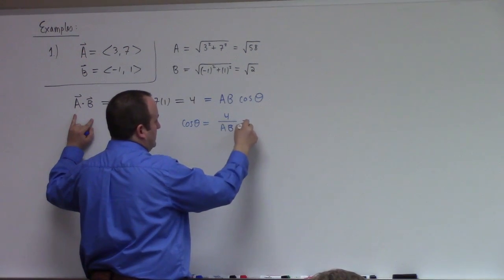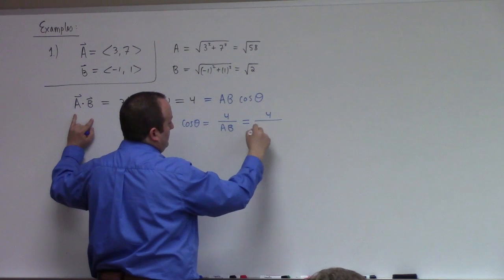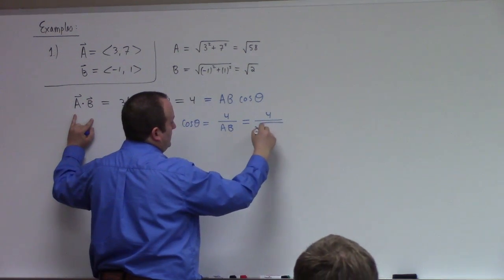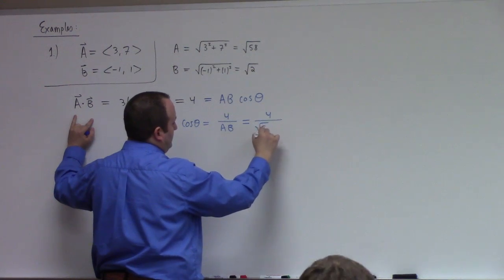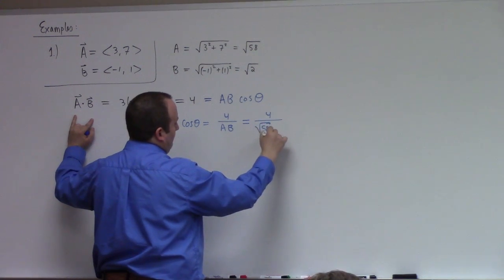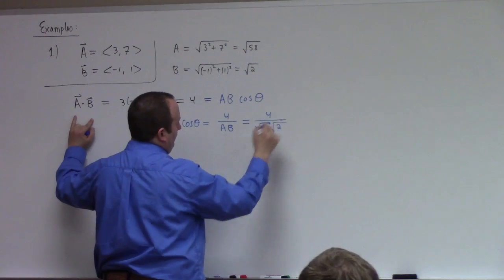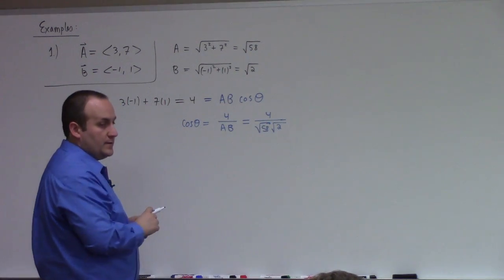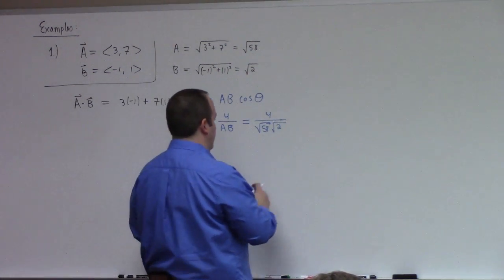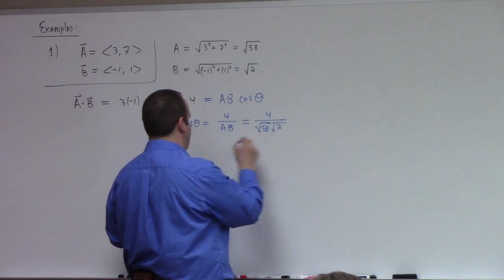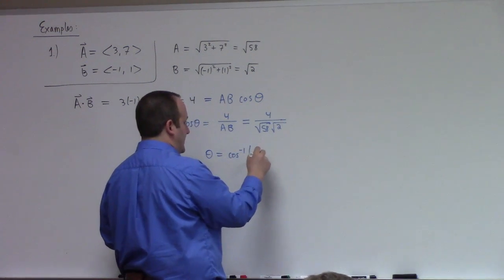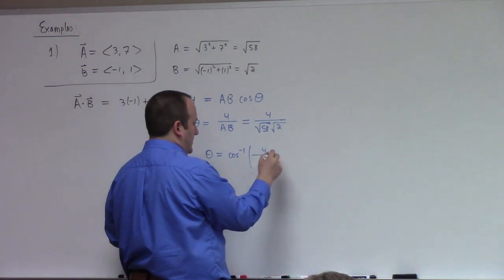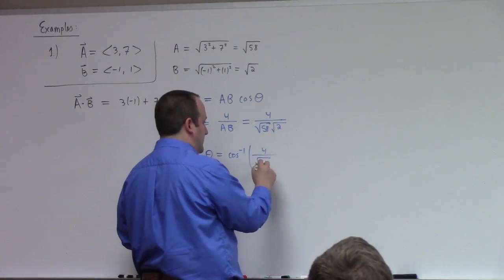which is what? Square root of 58 times square root of 2. Which you could simplify, but I'll just do it. So theta is equal to inverse cosine of, anyway, we're going to have to plug it in the calculator. 2 times 58 is 116, right?